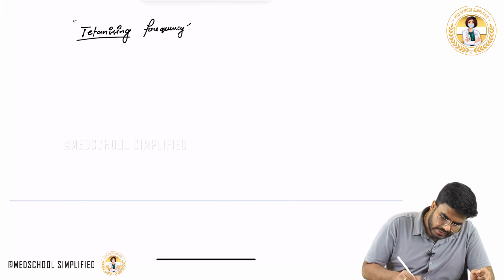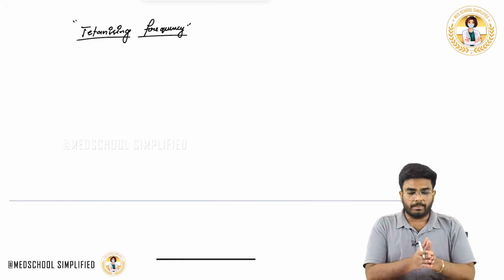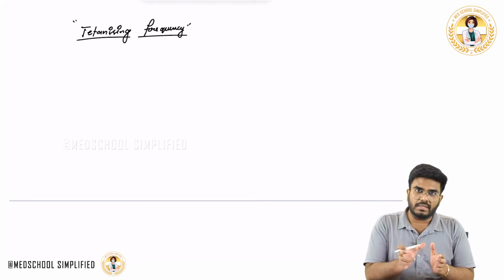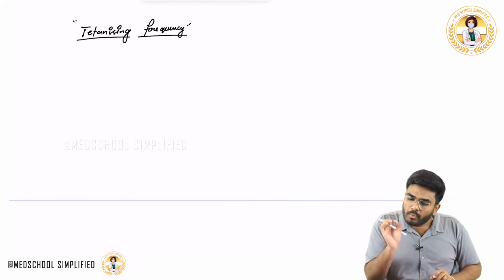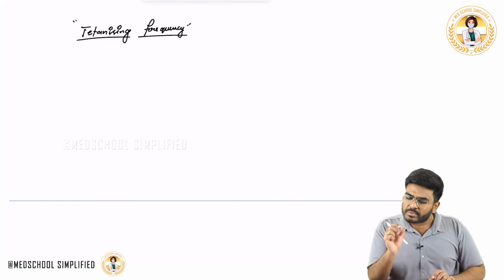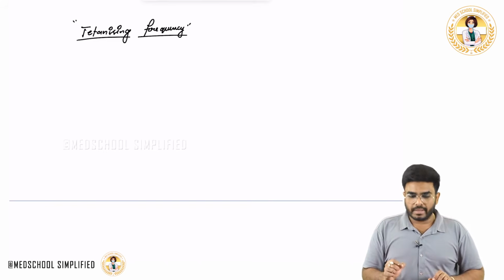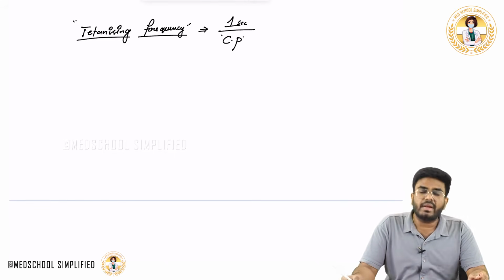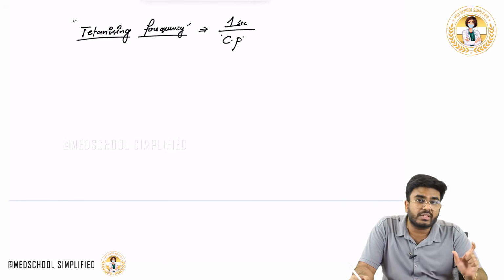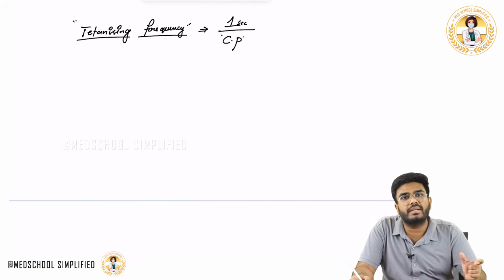Tetanizing frequency means: to keep a muscle in complete tetanus, in a sustained contraction phase, how many times do you have to stimulate it in a second? The formula for tetanizing frequency is 1 divided by the contraction period.